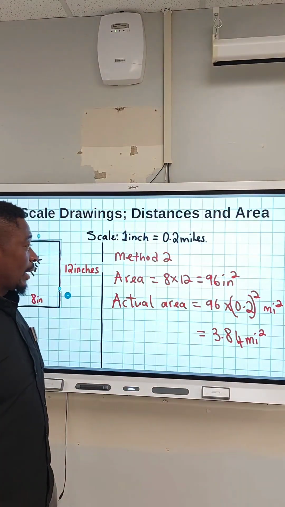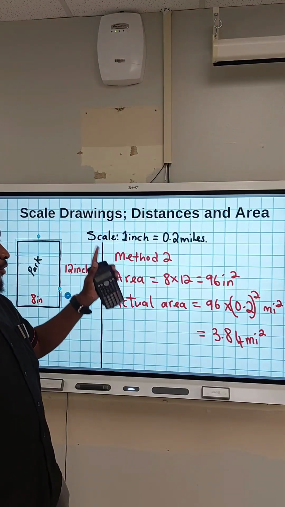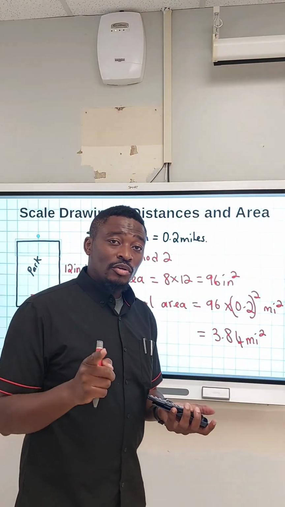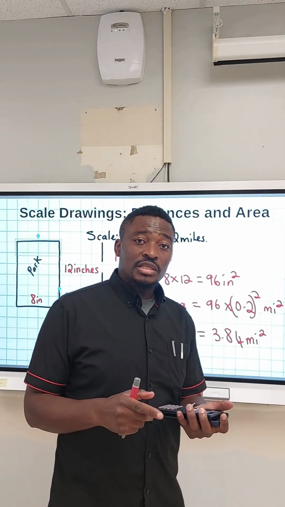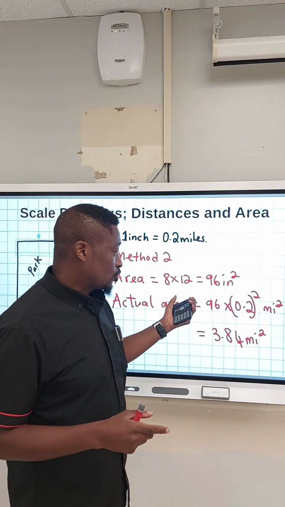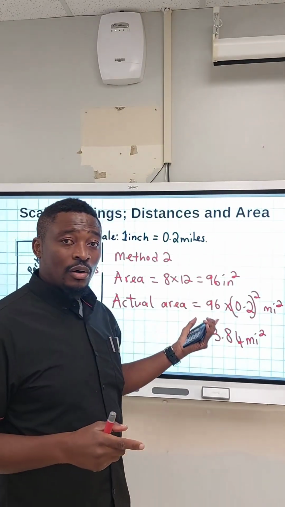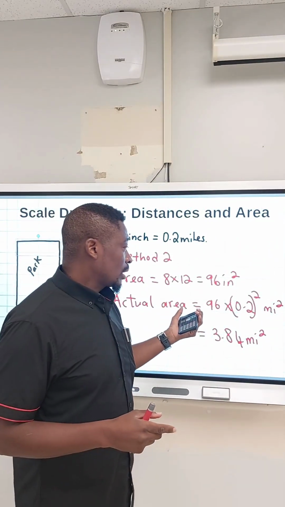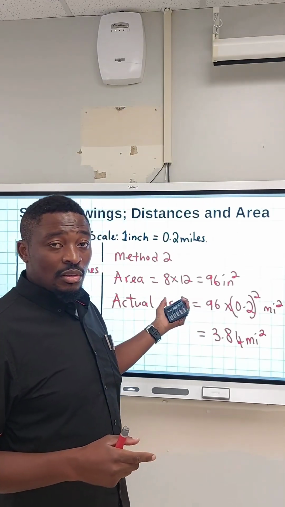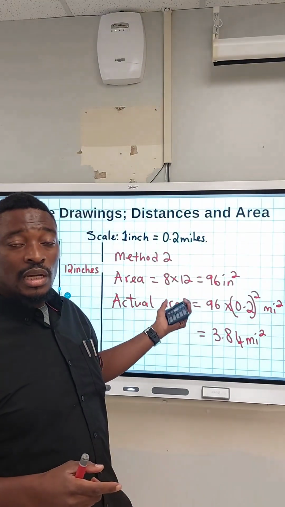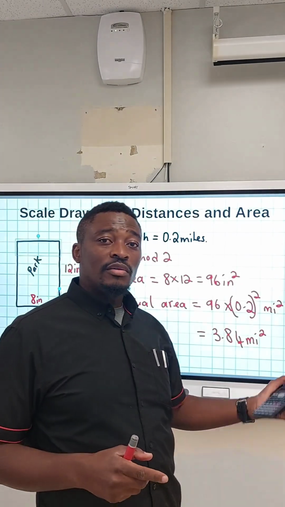Okay, so if you want to calculate actual area, you can first convert using the scale to the actual units, then calculate the area, or you calculate the area in inches or the scaled unit and then multiply by the square of the scale factor.